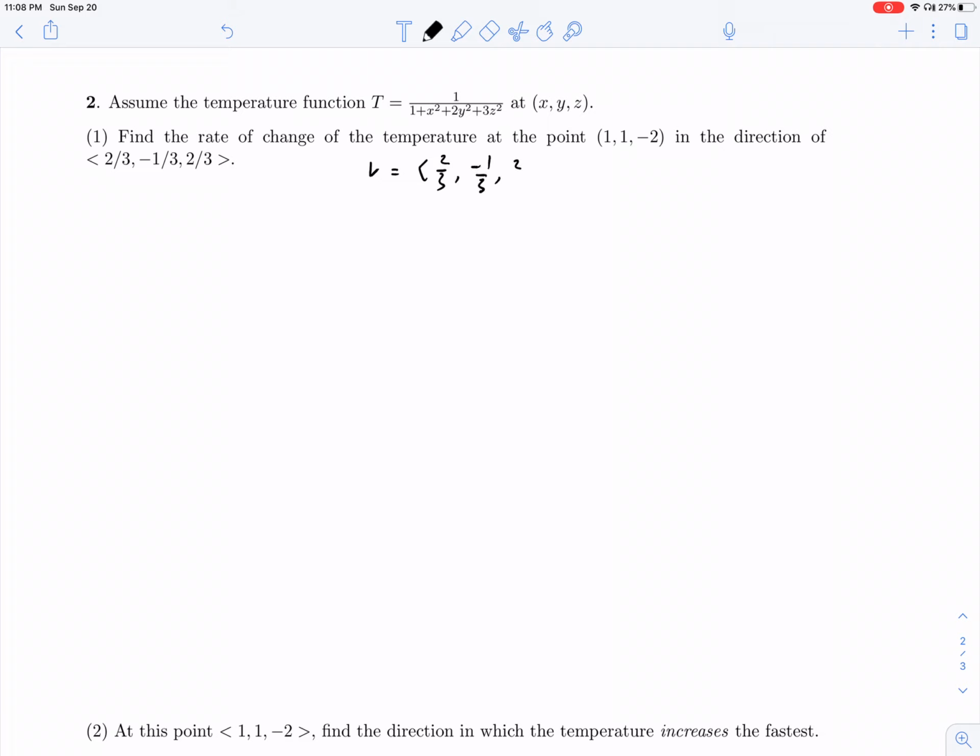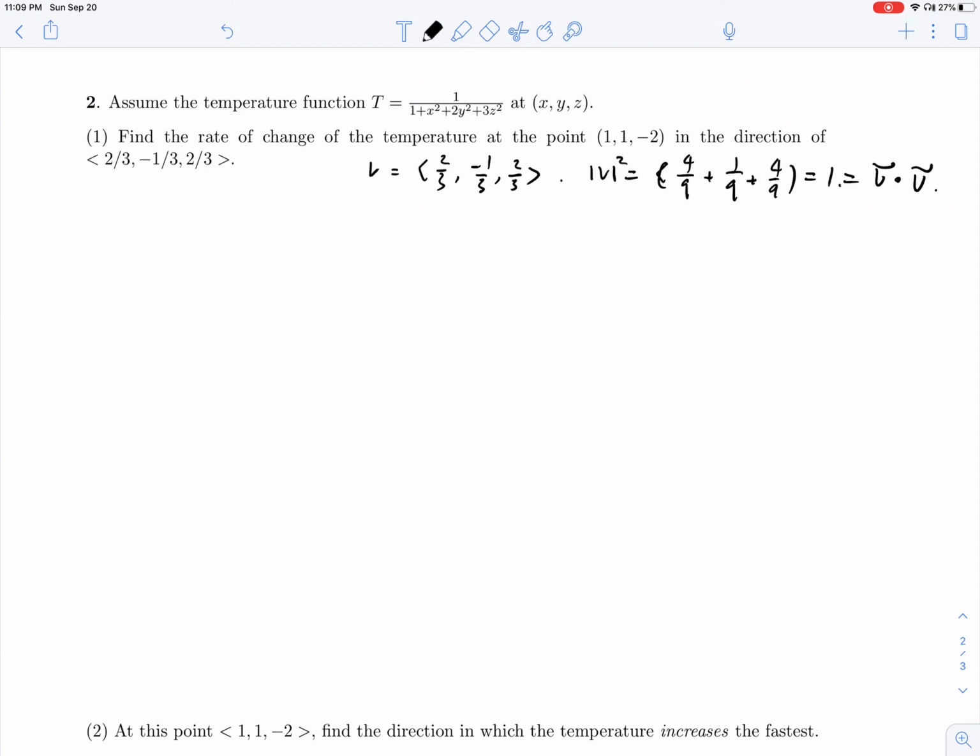What's v's length? It's 4/9 plus 1/9 plus 4/9. Square them, right? It's v dot v, and that's exactly 1. So we do have a unit vector over here.